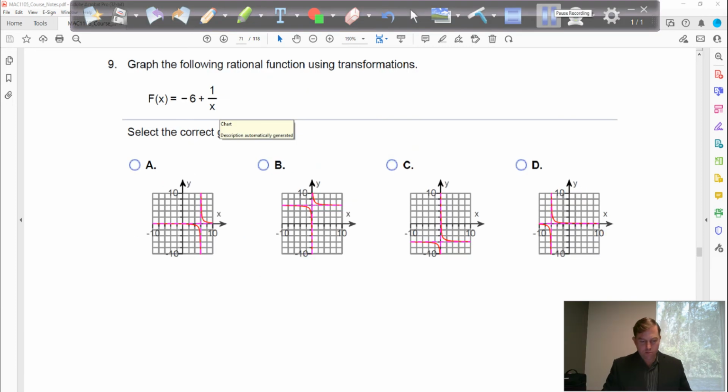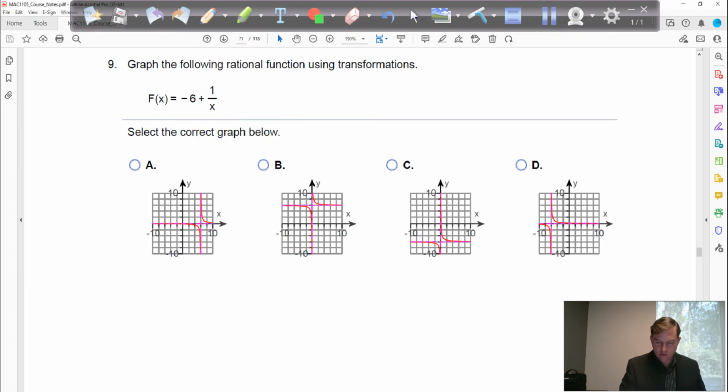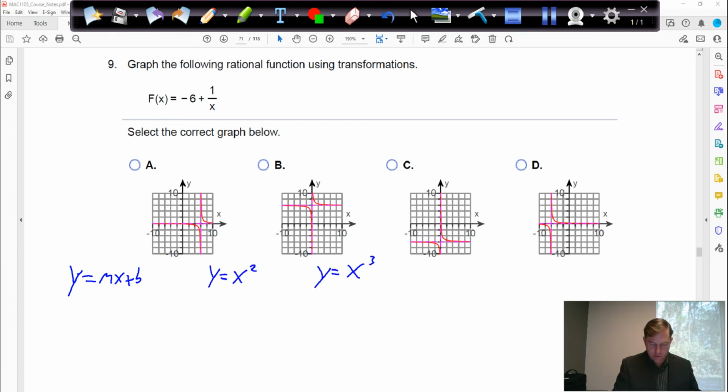Okay, for number 9, we're going to learn a new parent function. So let's review the parent functions that we have. We have y equal to mx plus b. We have y equal to x squared. We have y equal to x cubed. We've seen this, and really this is for all even and all odd powers.